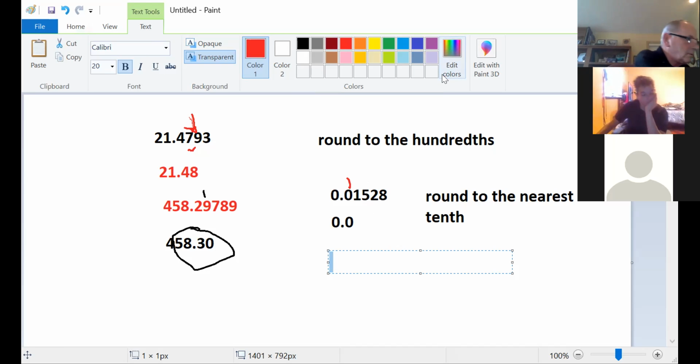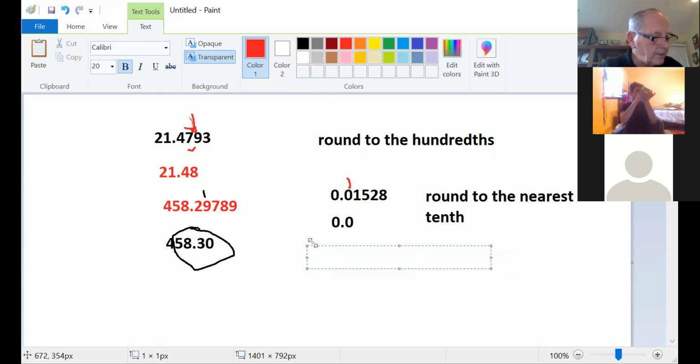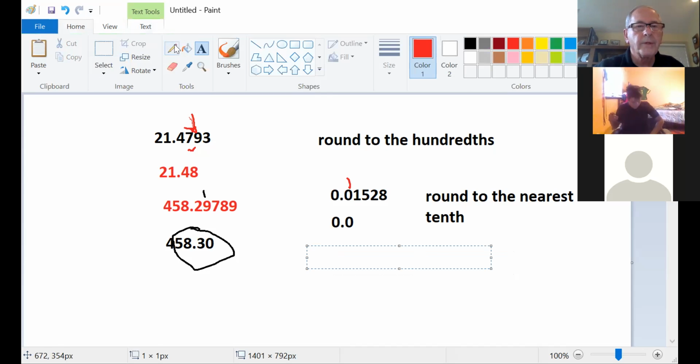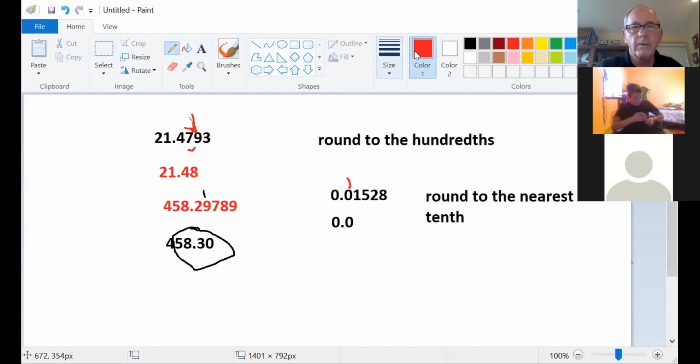Okay. So I have this. What I'm saying is we want to round to that point, right? To that place. When I say thousandths, that's what it is.